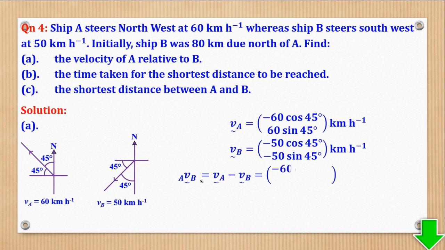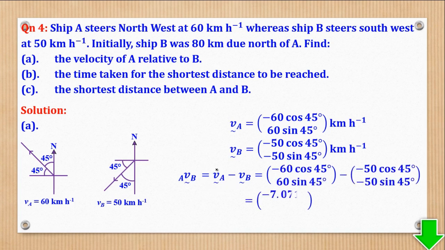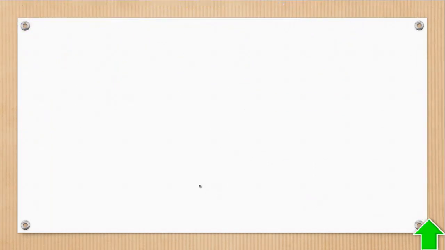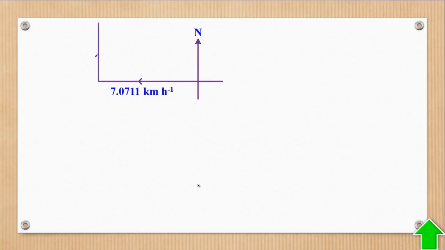Now the relative velocity is VA minus VB, and that will give you this. So now we shall come and draw our right angle triangle with the negative horizontal and the positive vertical.